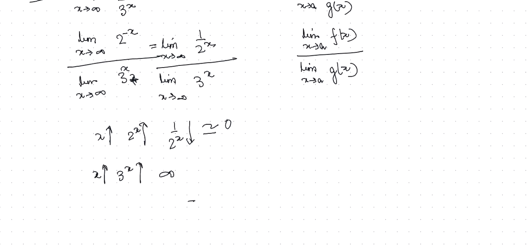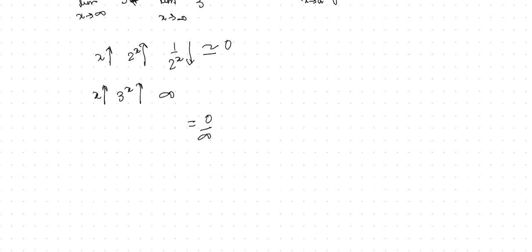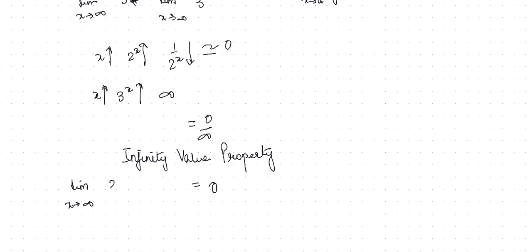So this would result in 0 by infinity, and we know by the infinity value property this will be equal to 0. So limit x tends to infinity for 2 minus x and 3x is equal to 0.